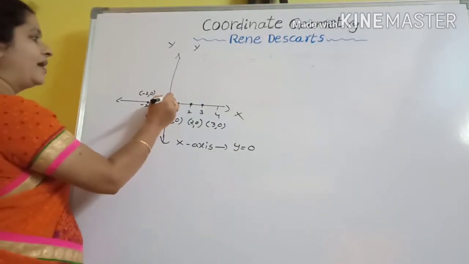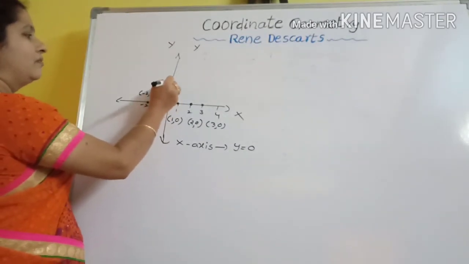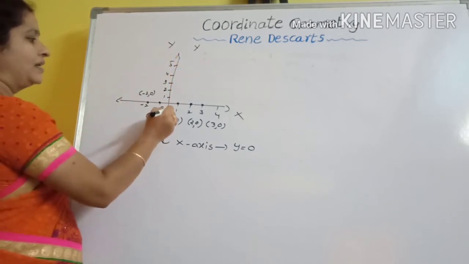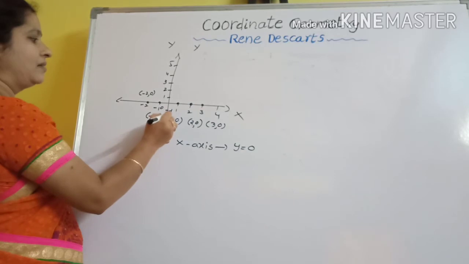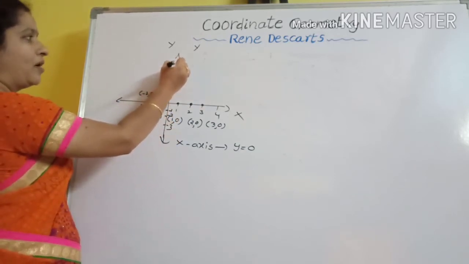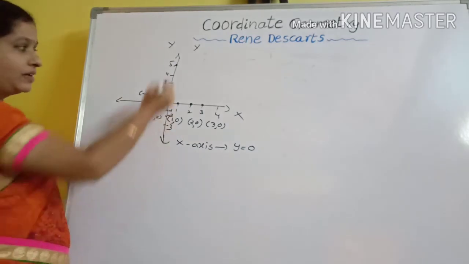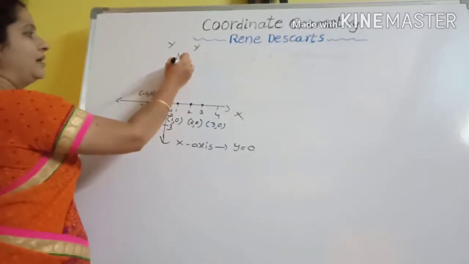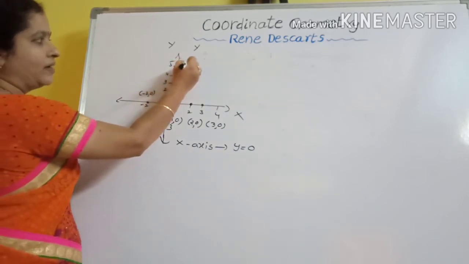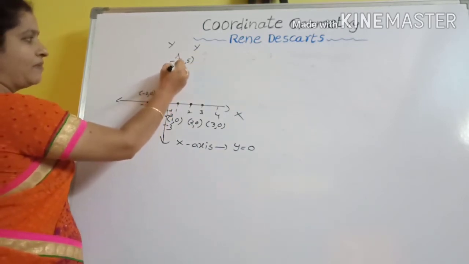In the same way, here the values 1, 2, 3, 4, 5, and downward minus 1, minus 2. Suppose we are taking the points on the y-axis, the vertical line. Here the point has x coordinate value 0, y coordinate value 5, so 0, 5.